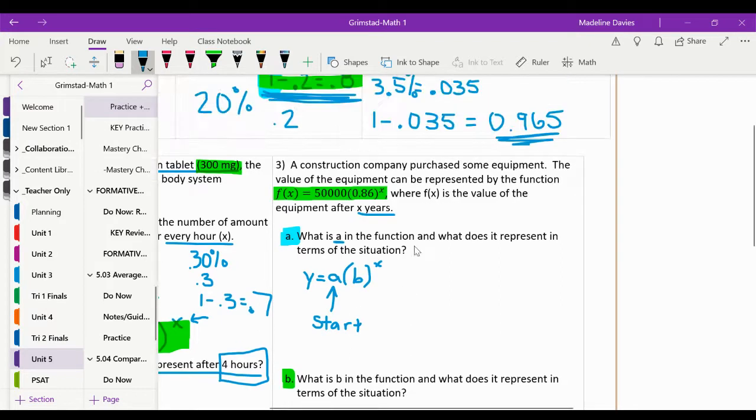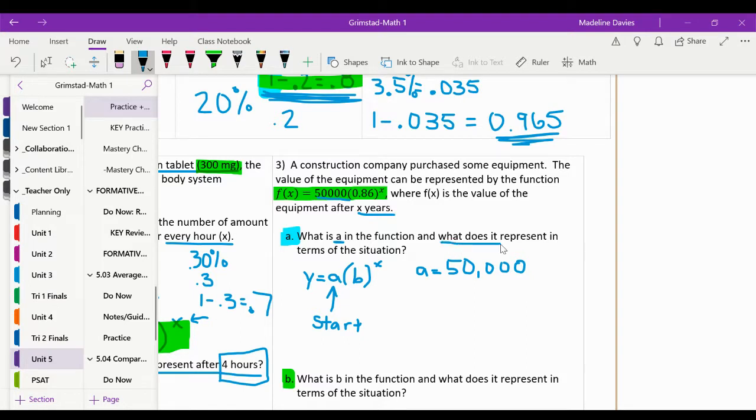Look back up at the equation, and it's already giving it to us. 50,000. So A equals 50,000 because that's where it is in the equation.